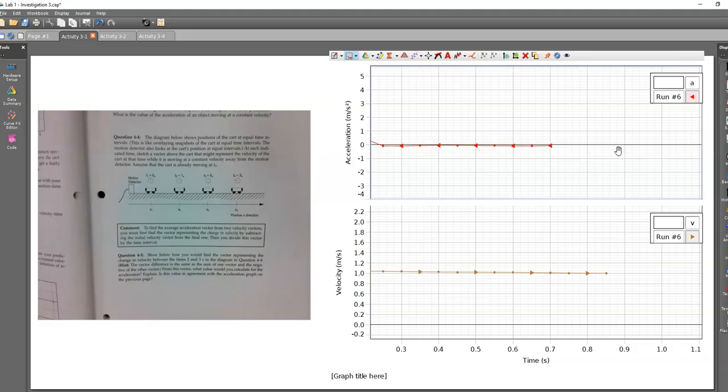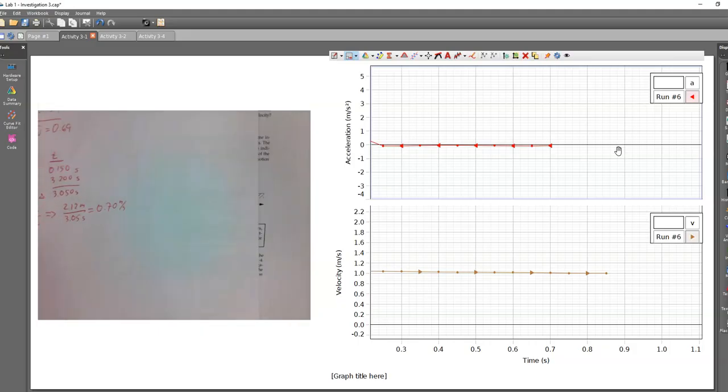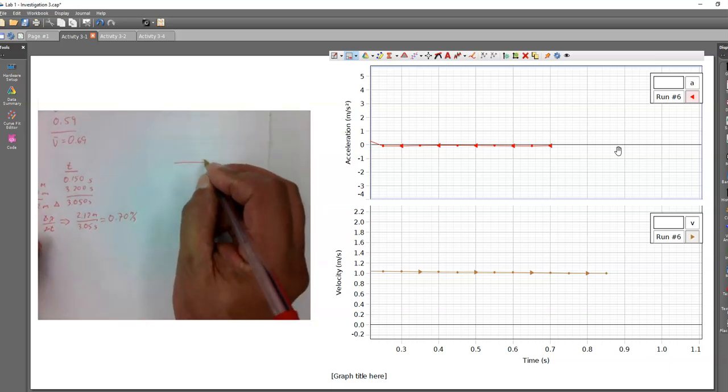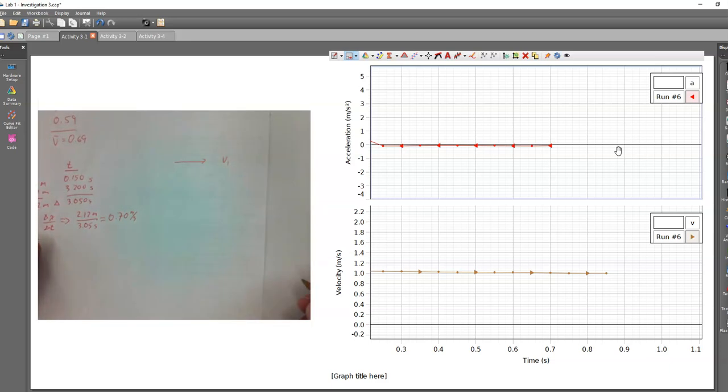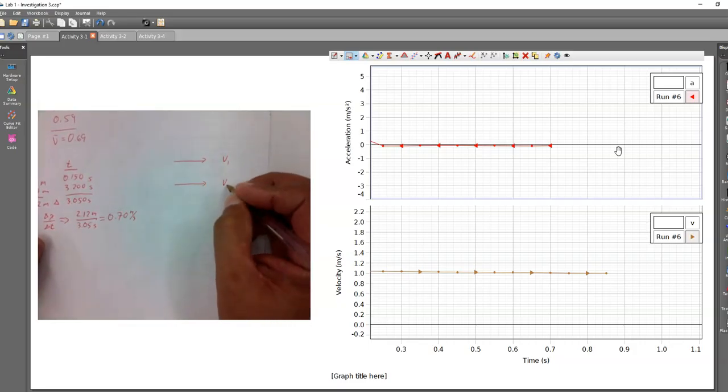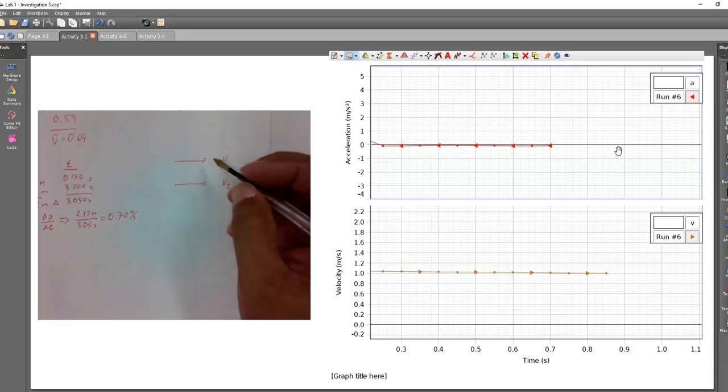To find the average acceleration, you must find the vector that represents the change in the velocity. So how would we represent the change in the velocity? Well, that's easy to do. If we have this arrow represent, say, the velocity at time 1, and this arrow represents the velocity at time 2, then what is the difference between these two arrows?